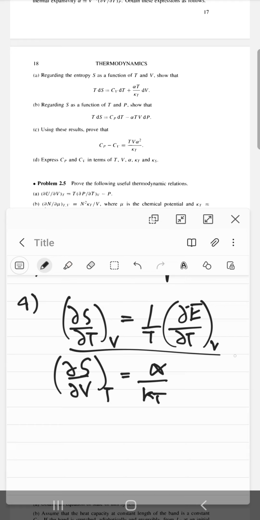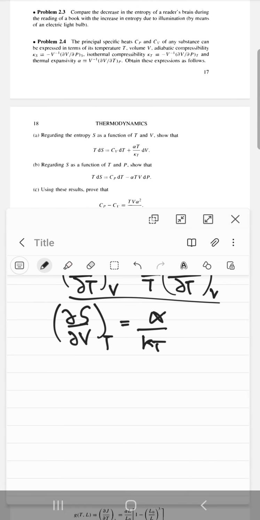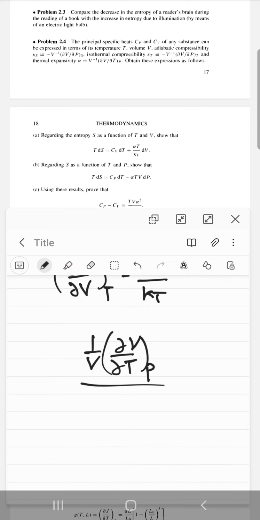What about this equation? We just have to put alpha and KT over there. What's alpha? Alpha is the thermal expansivity, which is 1 upon V partial V by partial T at constant pressure. And that's divided by KT, which is the isothermal compressibility, which is 1 upon V partial V by partial P. It should be V over there, sorry.